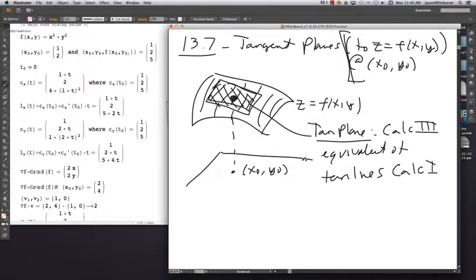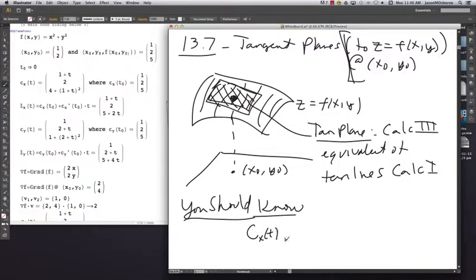You should be very familiar at this point with computing the curves on the surface. You should be familiar with the curve on the surface in the x direction, the curve on the surface in the y direction, and their associated tangent lines, Lx of t and Ly of t.